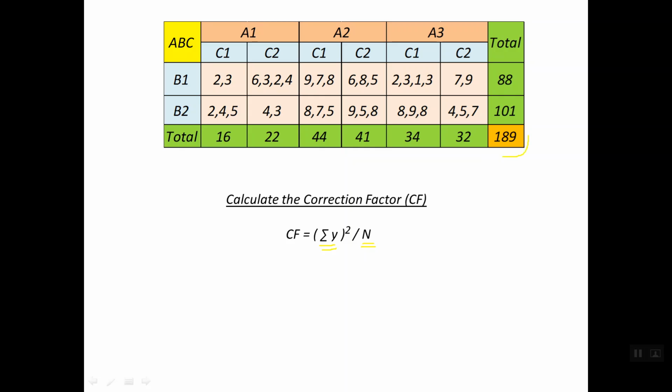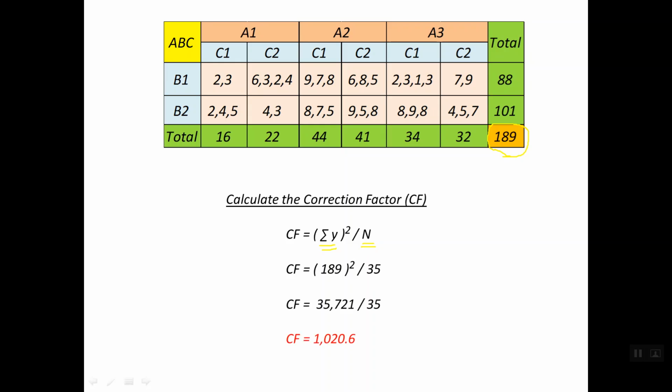The total observation is already calculated. It is 189, and regarding the capital N, it is simply 35. So the correction factor is 189 squared divided by 35.